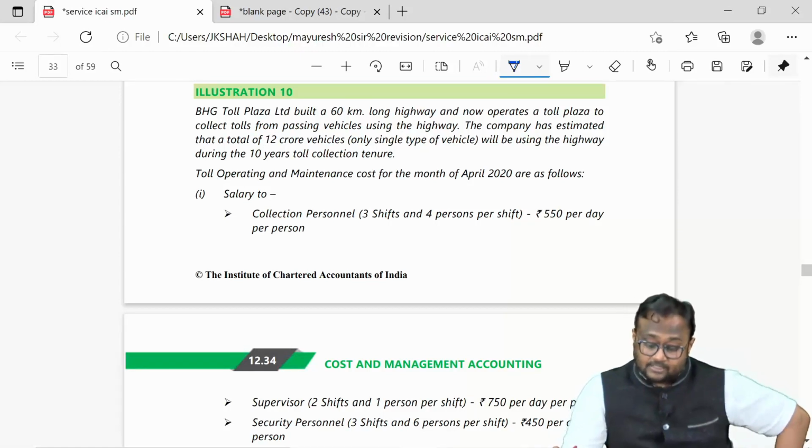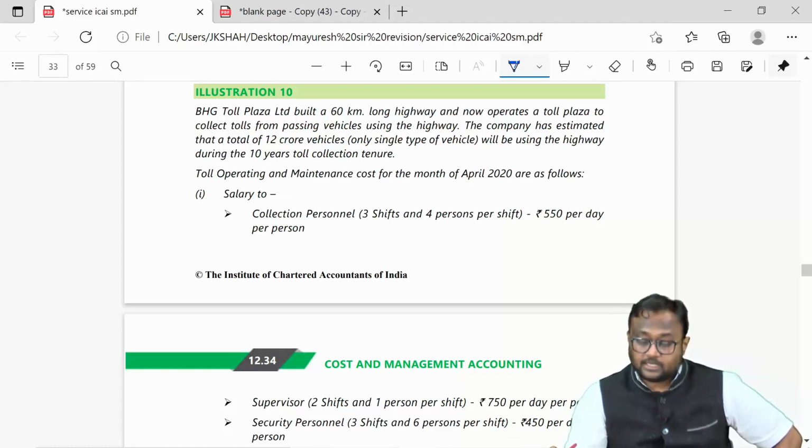The company has estimated that 12 crore vehicles, only single type, not single way. Single type means only one type of vehicles will travel, 12 crore vehicles for 10 years.